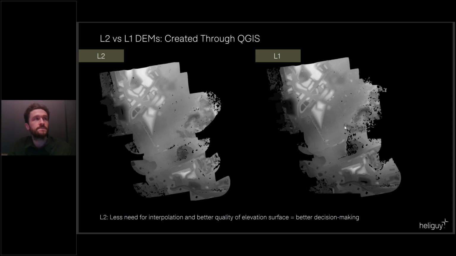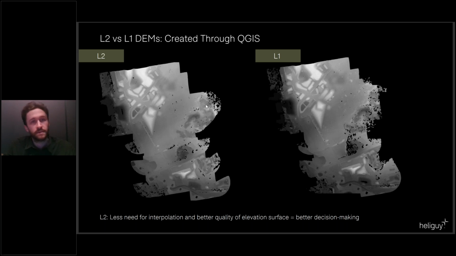It's reaching the ground surface and getting a much more robust surface produced, and you're having to do less interpolation with the data to get that DEM. So this is all helping make better decisions as you're getting much more accurate data.